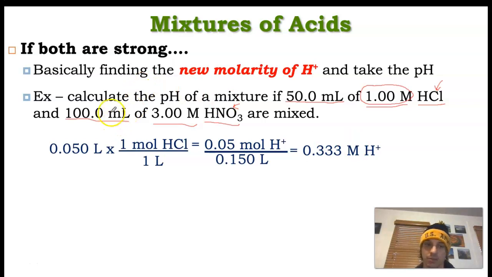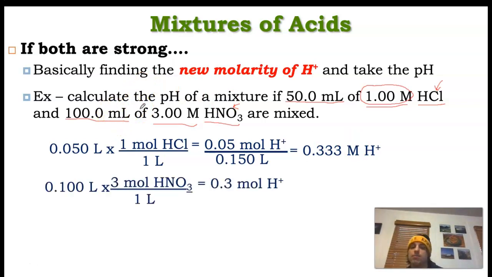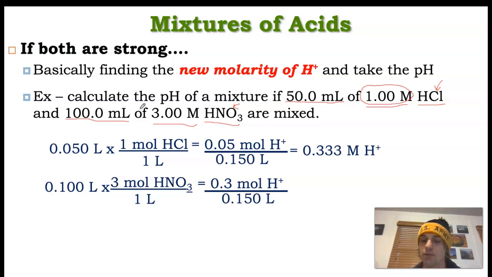I'm starting with 100 milliliters and I'm ending with 150 milliliters. So I determined the moles of H from my HNO3. Now to determine the new concentration of H from that HNO3, I divide by my new volume. My new volume is 150 milliliters, or 0.15 liters, and there is my new concentration of H from HNO3.